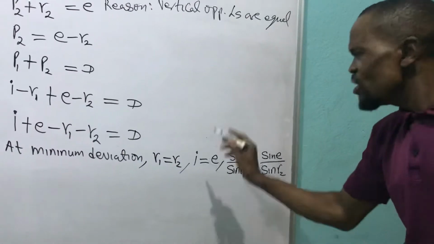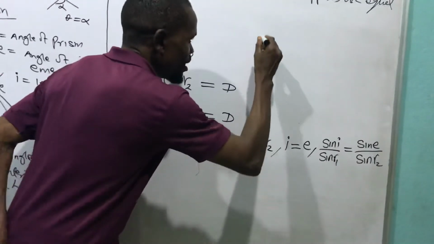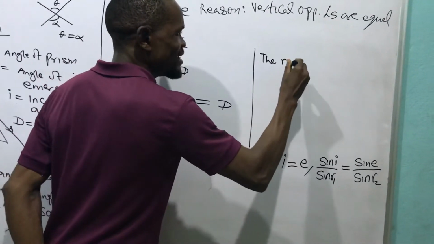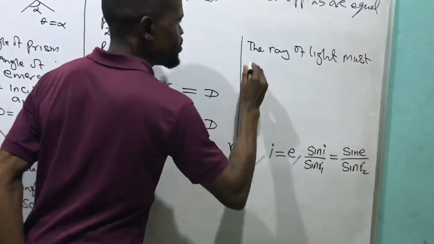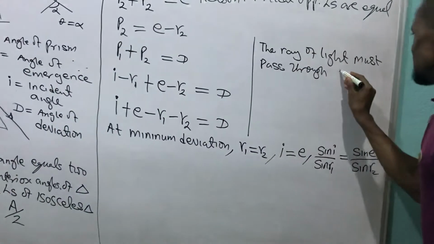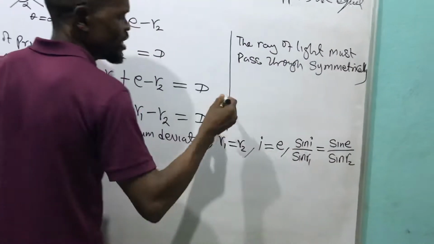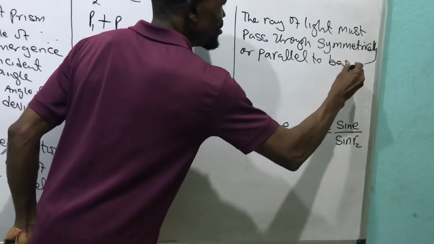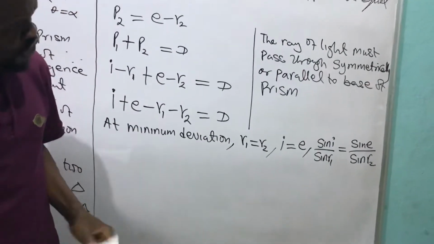And again, for minimum deviation to occur, the ray of light must pass through symmetrically, or parallel to the base of the prism. These are the conditions for minimum deviation to occur.